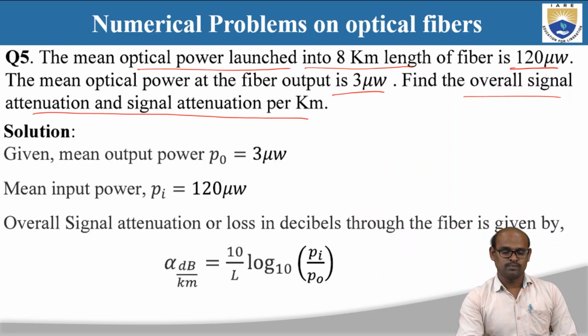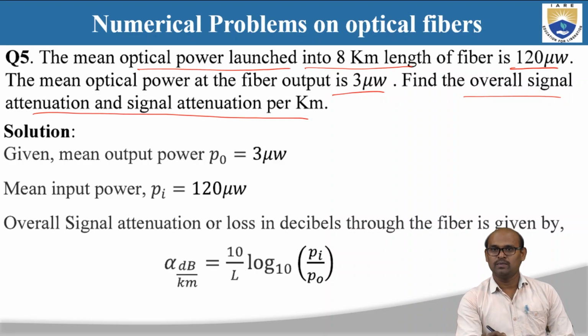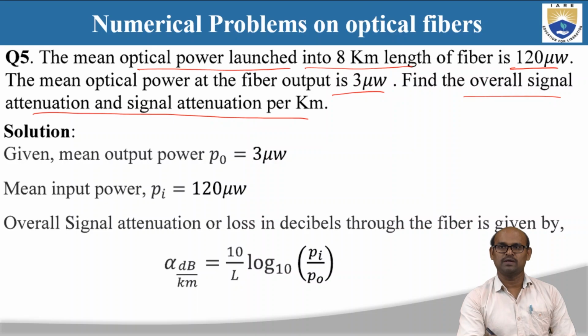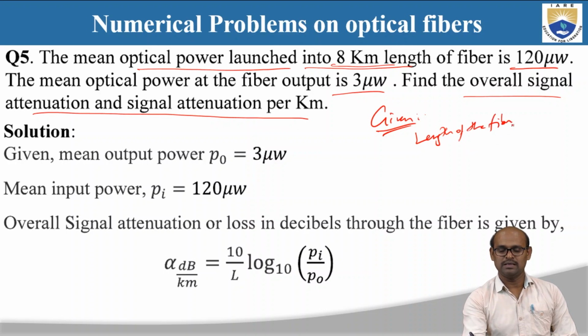Okay. Now they are saying that you have an optical fiber, and we are launching the light signal into this optical fiber of length 8 kilometers. So let us say the length of the fiber L is equal to 8 kilometers.